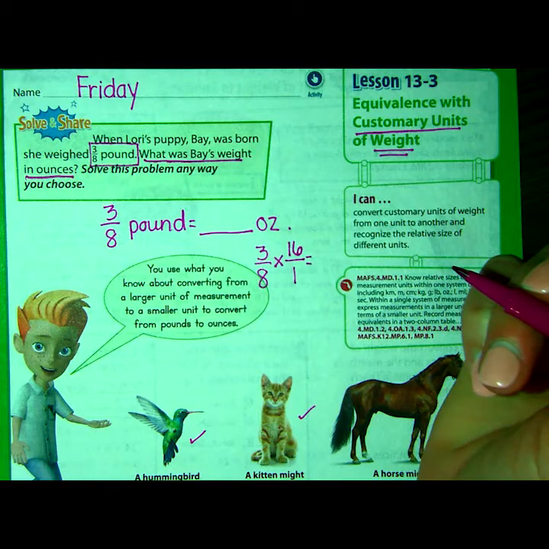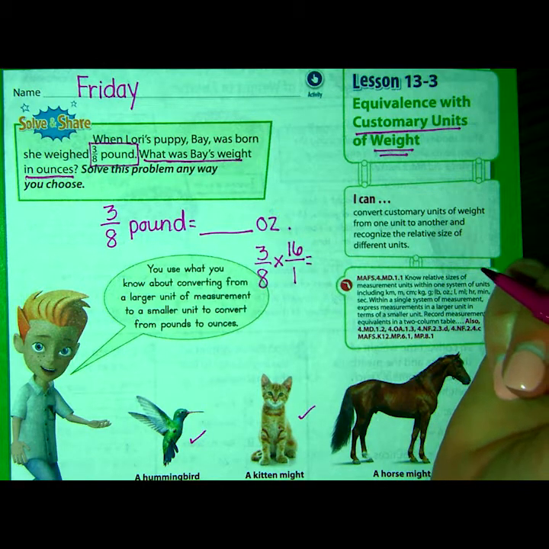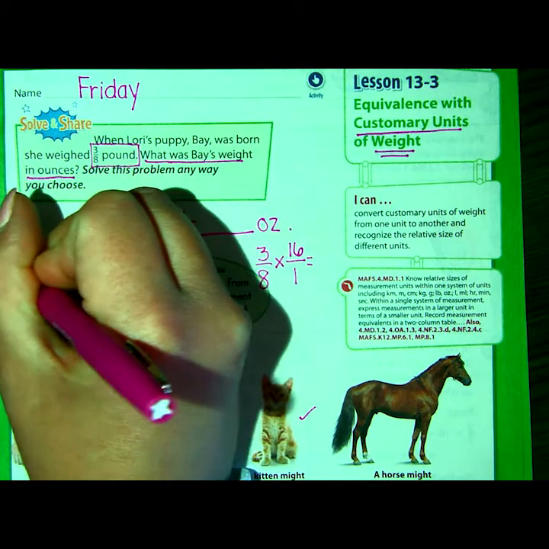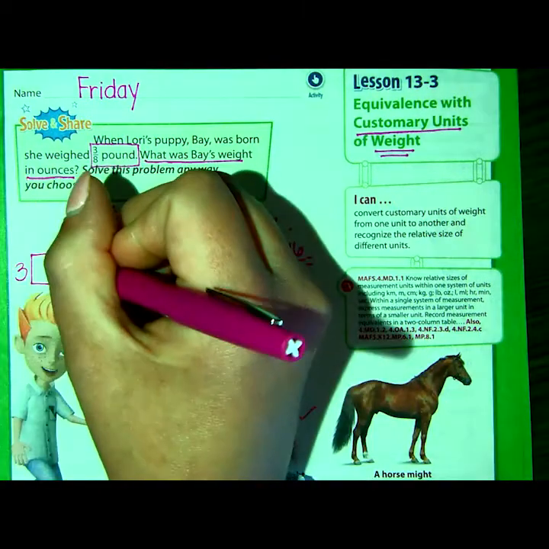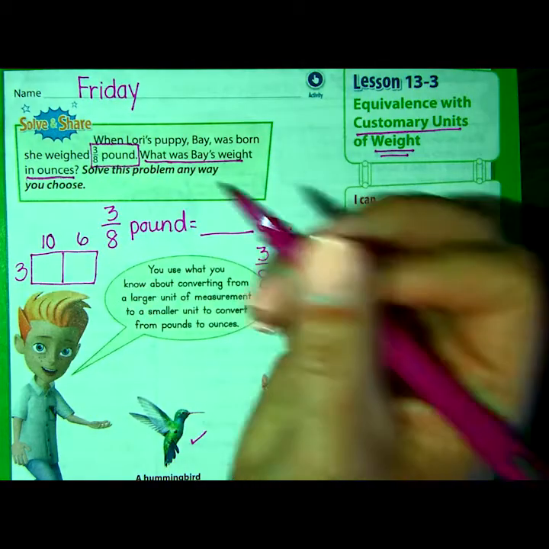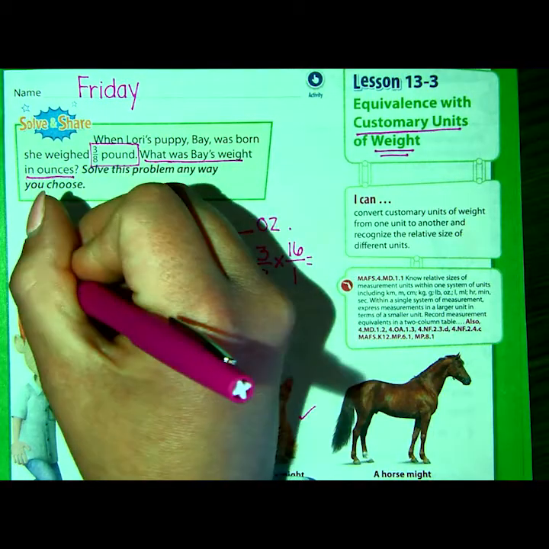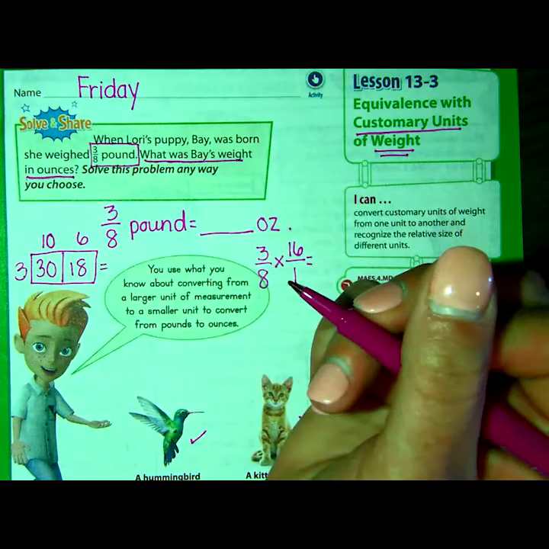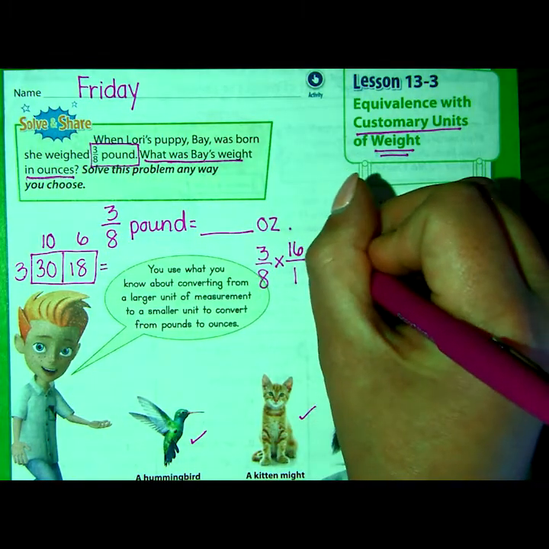Now, 16 times 3, we can set up an area model over to the side. Multiplying by 3, and 16 is broken apart into its place values of 10 and 6. 3 times 10, 30. 3 times 6, 18. Add those partial products together and you get a product of 48.